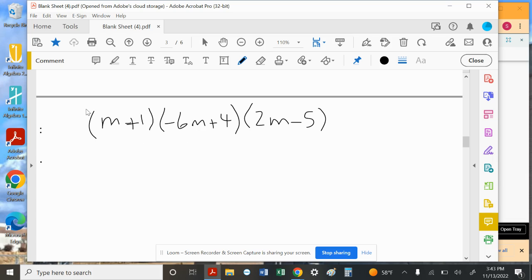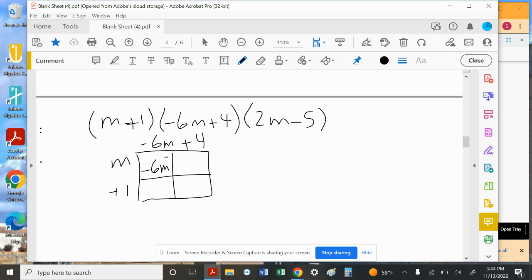So notice I'm going to have m plus 1 in my first part of my box, and I'm going to have negative 6m plus 4. That gives me negative 6m squared plus 4m. I know that's positive. I didn't really have to put a positive there. But I have negative 6m times 1 and 4 times that one.